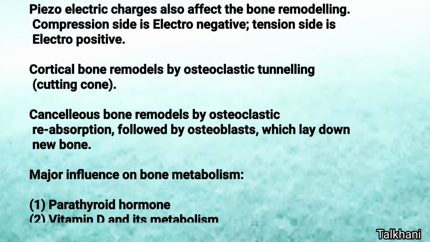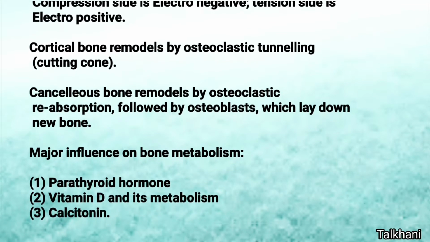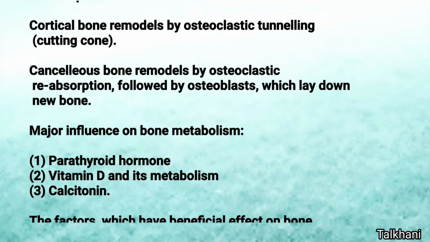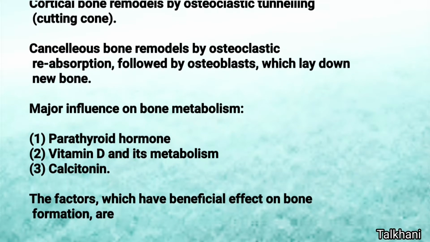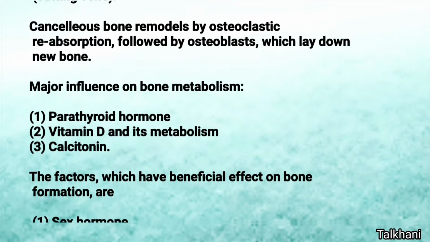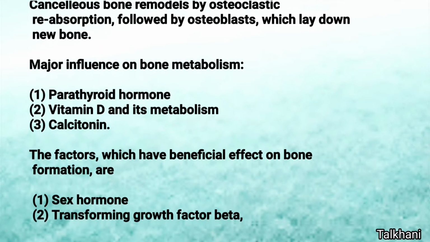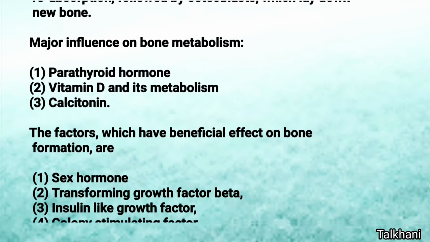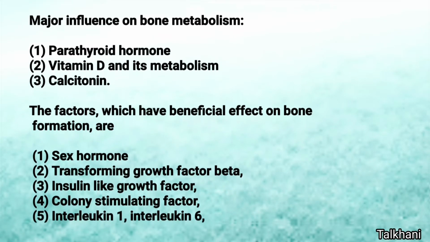Let's now discuss bone metabolism. 3 most important influences on bone metabolism are parathyroid hormone, vitamin D and its metabolism, and calcitonin. The factors which have beneficial effect on bone formation are: number 1, sex hormone; 2, transforming growth factor beta; 3, insulin-like growth factor; 4, colony stimulating factor; 5, interleukin 1, interleukin 6; 6, bone morphogenetic protein.